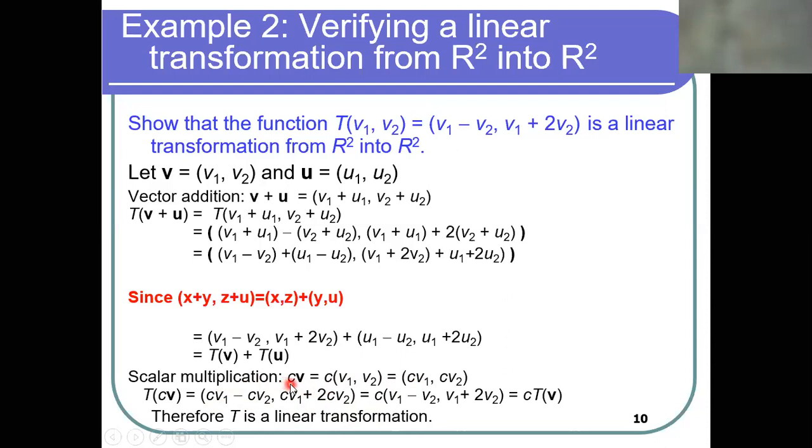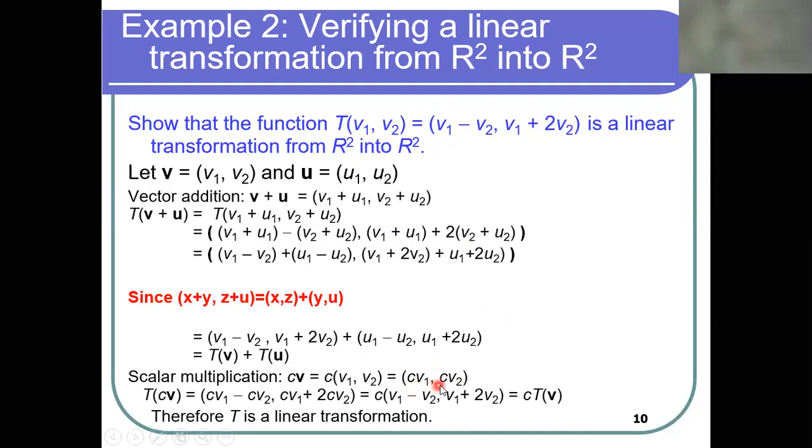When I multiply c with v, I get c v1. Then I apply T on c v1, which means I apply T on these coordinates. So this is my u1 and this is my u2 in that case. Once again you have to apply this definition.